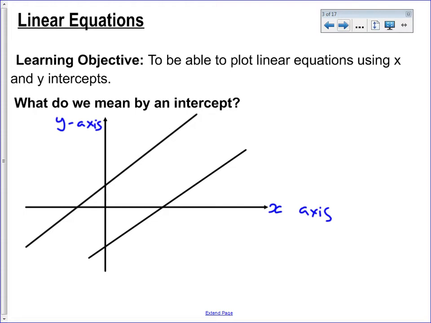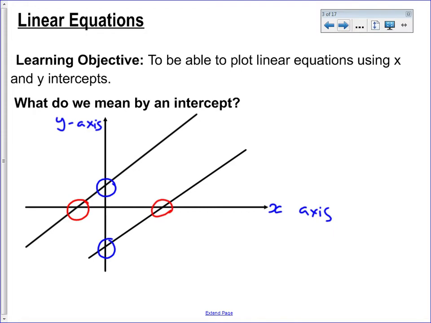See if you can pause the video and identify the x and y intercepts. Okay, hopefully you've done that now. So, the x-intercepts are here, and the y-intercepts are here. That's right.